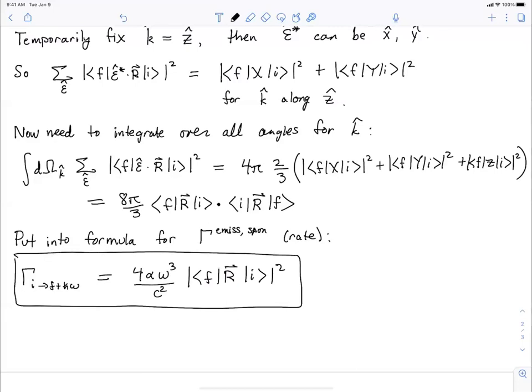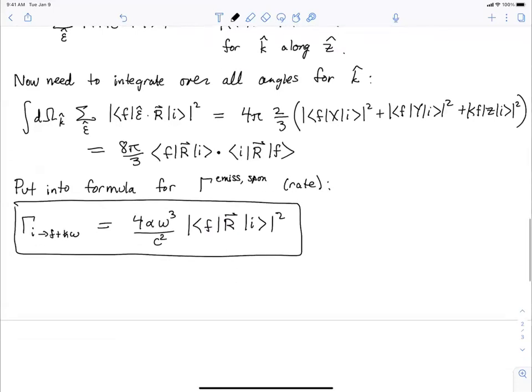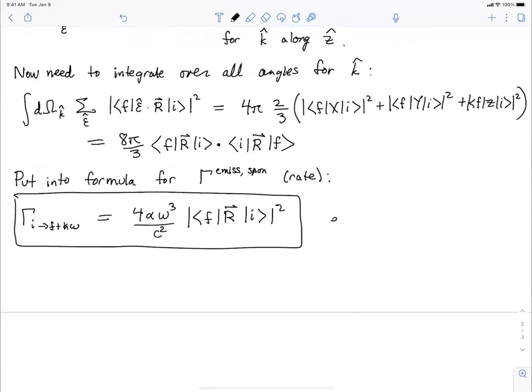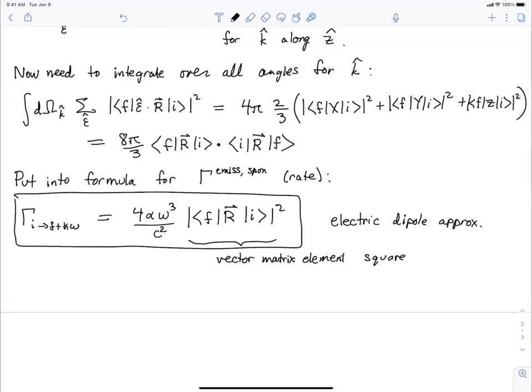Okay, so that's a relatively simple formula to calculate. I want to emphasize this is all in an approximation. This is the electric dipole approximation. And the other thing to emphasize is that when you do this, you're really doing a vector matrix element squared. So the bad news is you actually have to compute 3 matrix elements and then dot them into their complex conjugate.